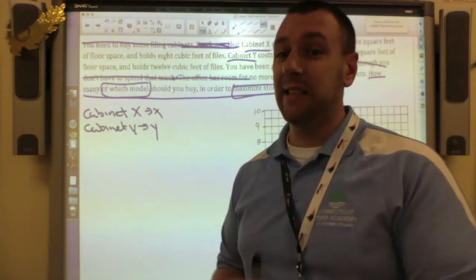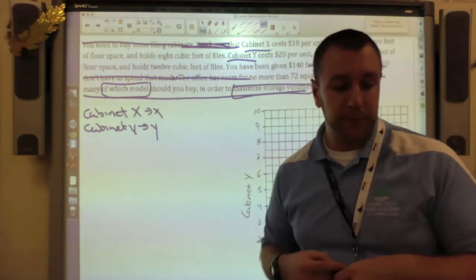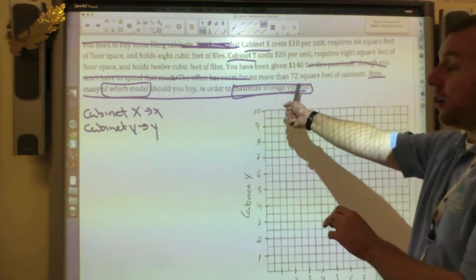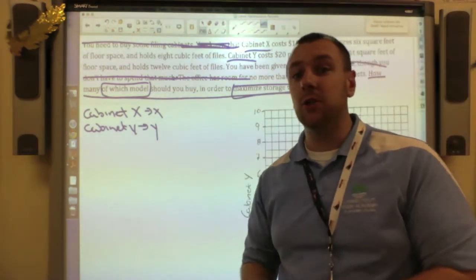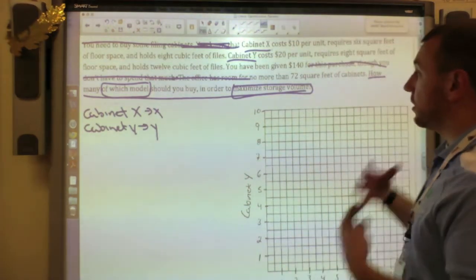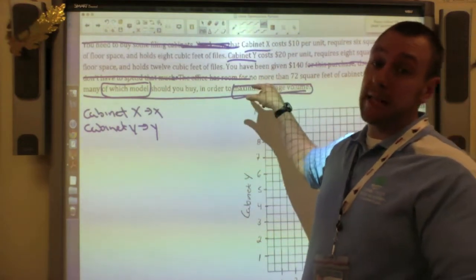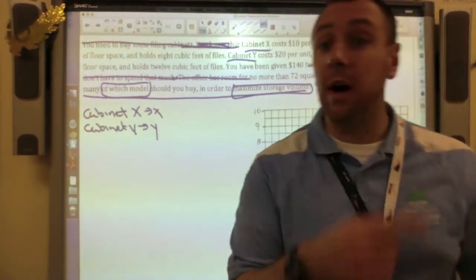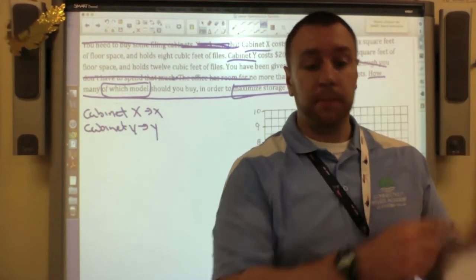So you need to definitely highlight that, all right? So that maximizing storage volume puts it into the linear optimization problem, okay? So the linear optimization is always to maximize. That's your key word. That is what's going to tell you what type of problem it is, okay?